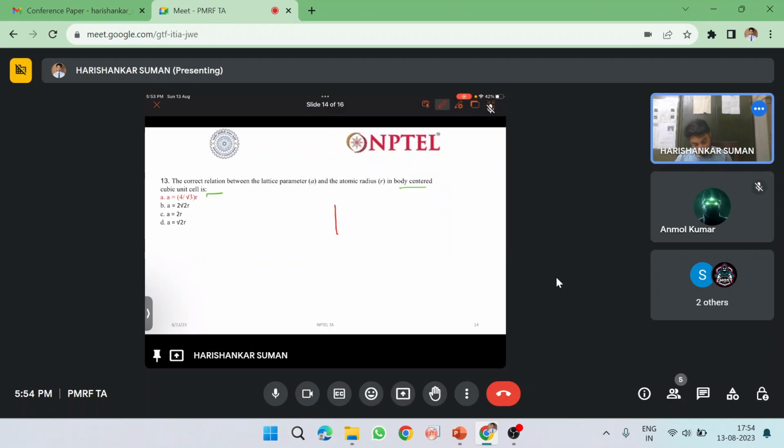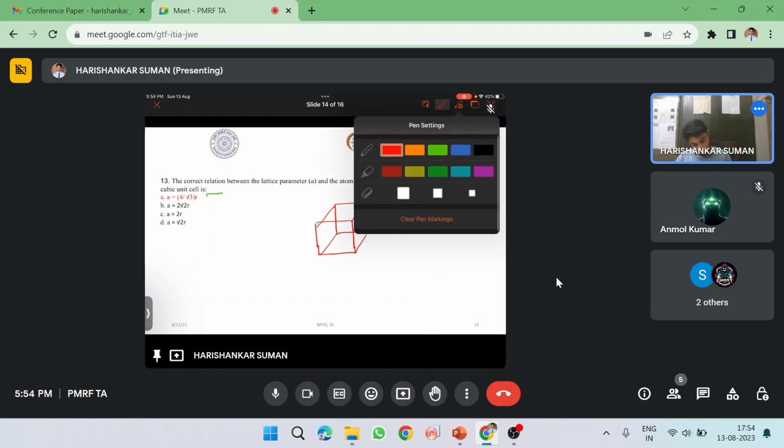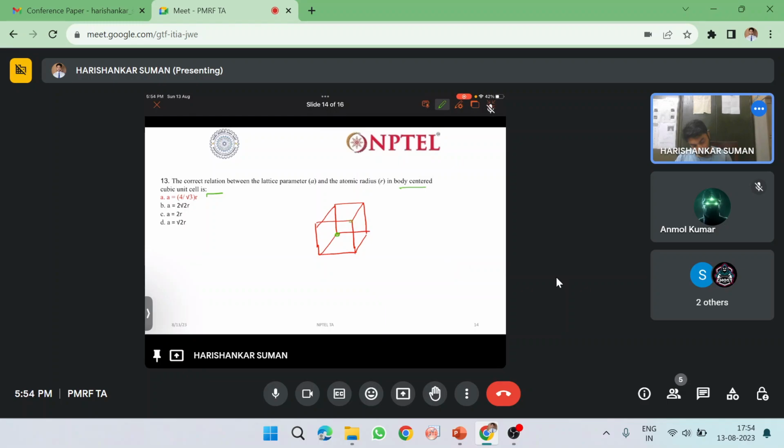Same like that. Let me draw a picture. Let me draw bigger. So these are the three atoms. This is the center.